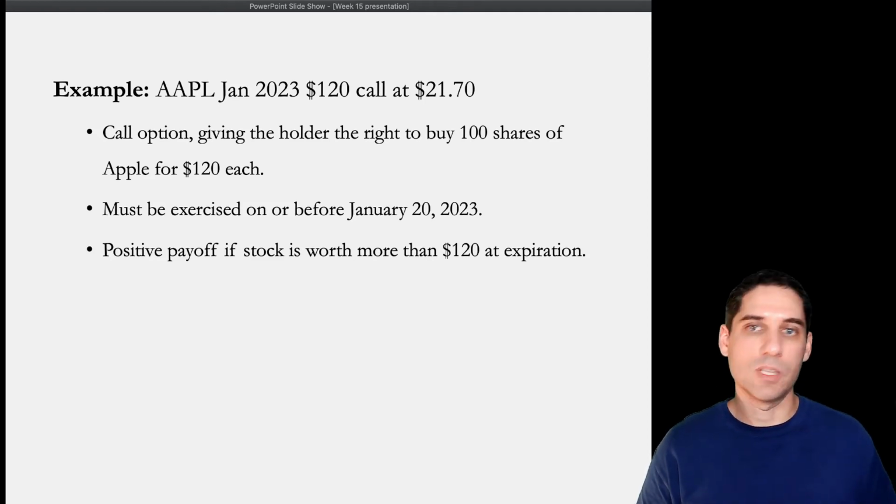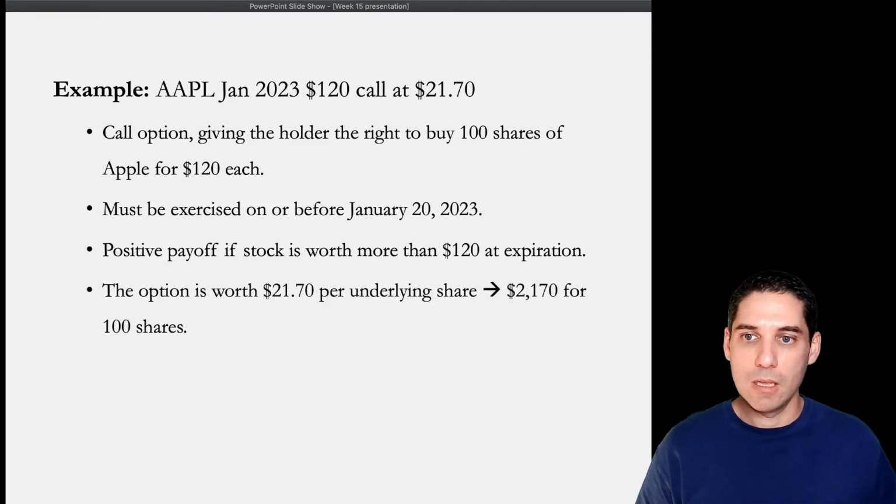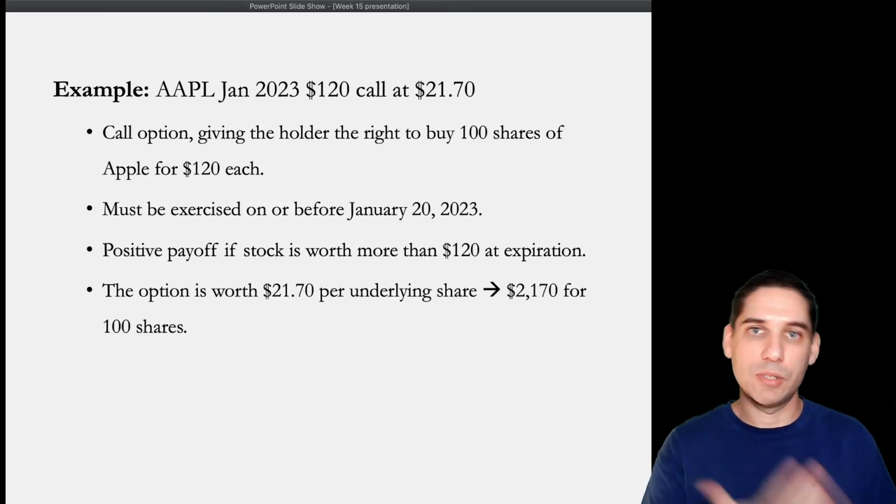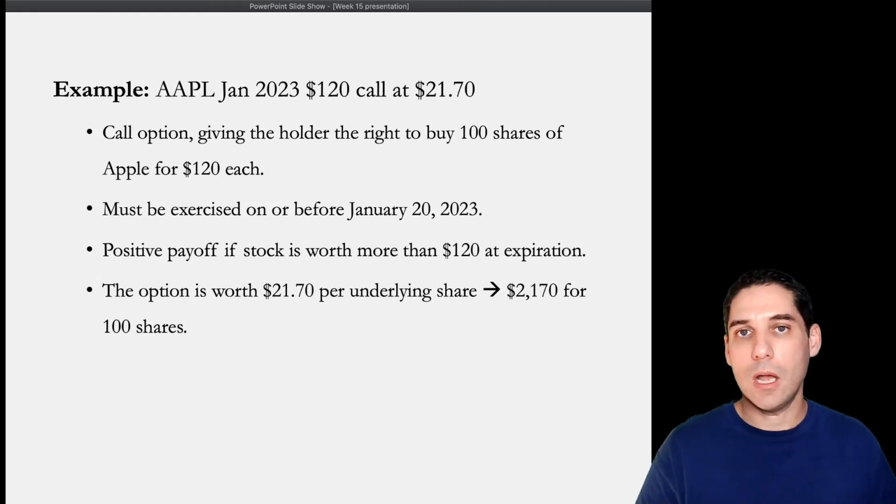Okay, so this will give us a positive payoff, which is when we will want to exercise. Otherwise, we're not going to want to exercise it. And the option is worth $21.70 per underlying share. So because it's written on 100 shares of the underlying, if you want this call option contract, we would have to pay $2,170. All right.